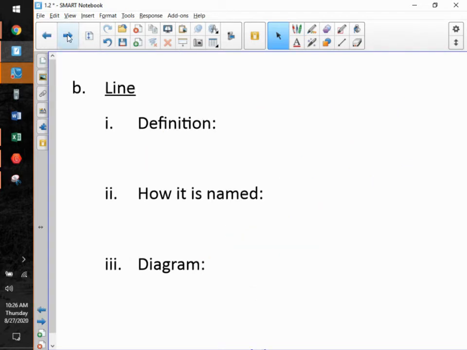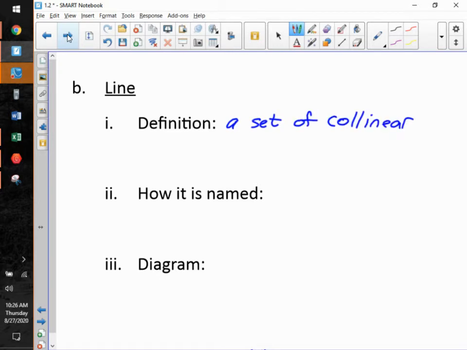Okay, the second undefined term of geometry is a line, and this is one that we're going to see quite a bit here. Now, the definition of a line is a little bit wordy, guys, but it is this. It is a set of, and I hate to use this word here already, collinear points. Now, the word collinear we're going to define pretty soon, but if you break it down, the co means with or together, and linear, you'll notice, contains the word line.